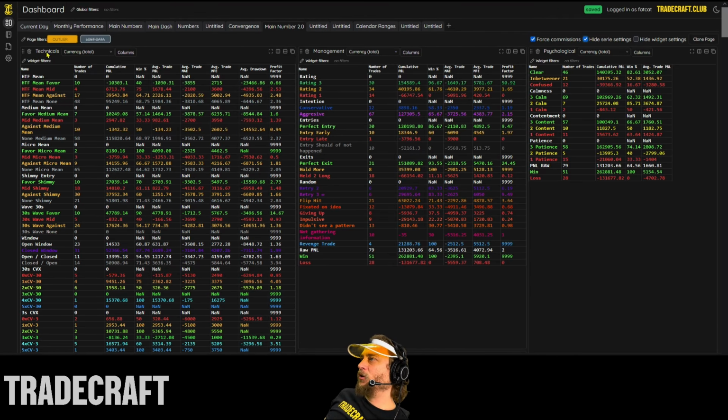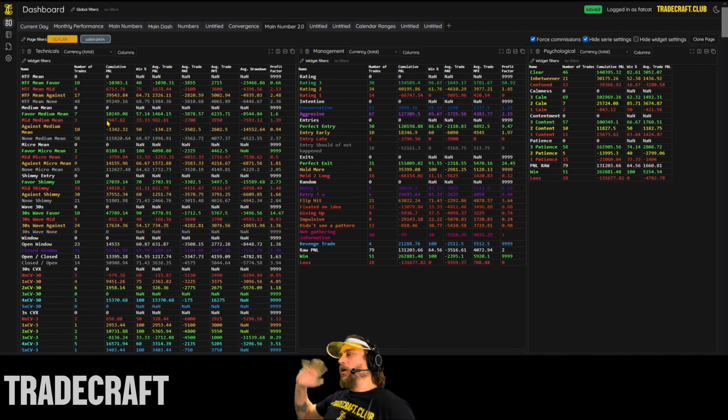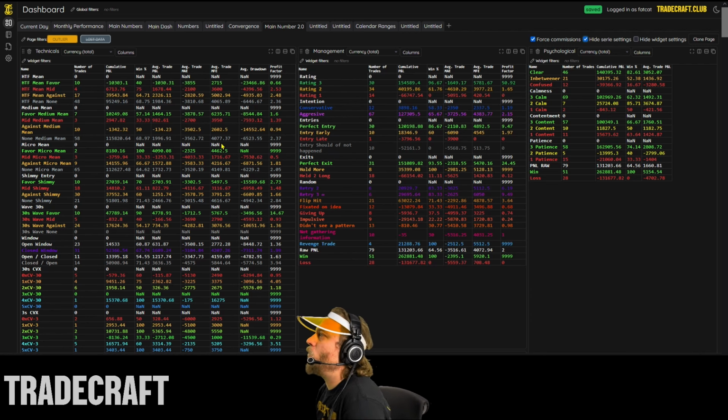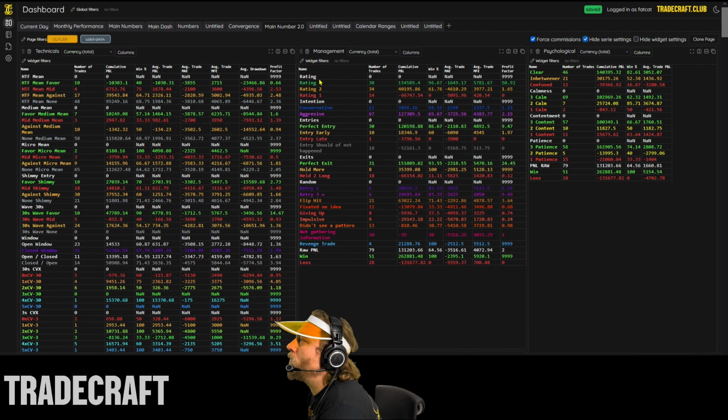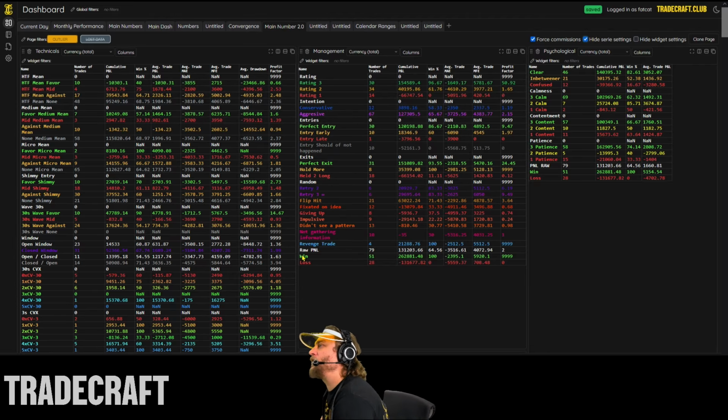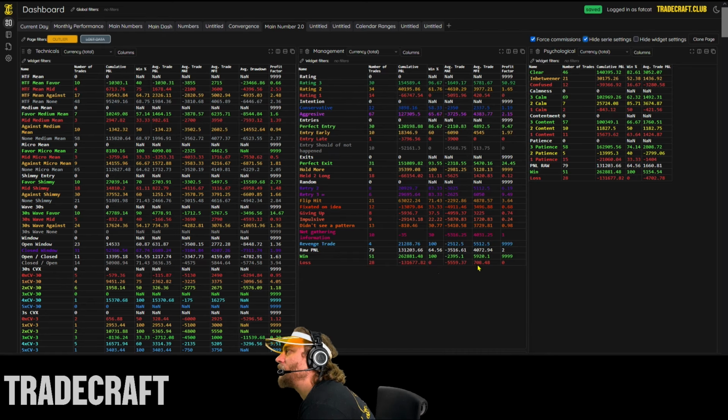So this is titled technicals. So I put all the tags in there, and then what I do is my management. So all the ratings, conservative versus aggressive, perfect entry, late entry, exits, the retries, giving up, revenge trade. And then I also put raw P&L, win-loss at the bottom of this.